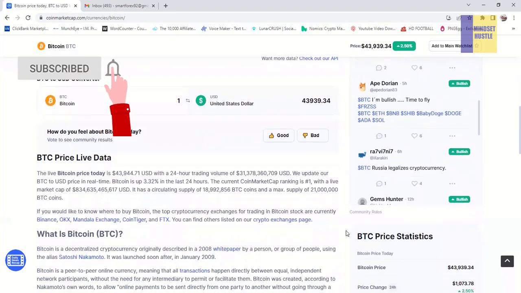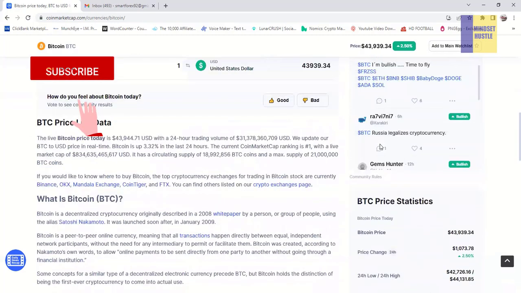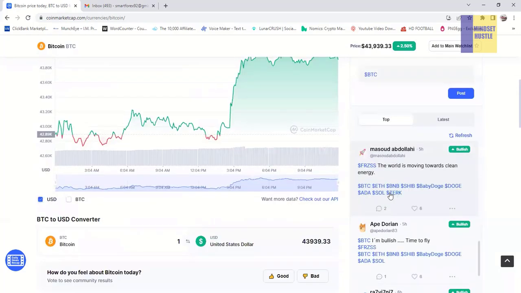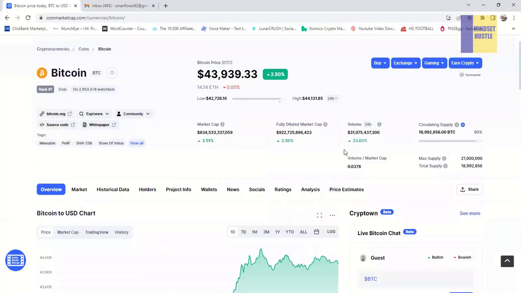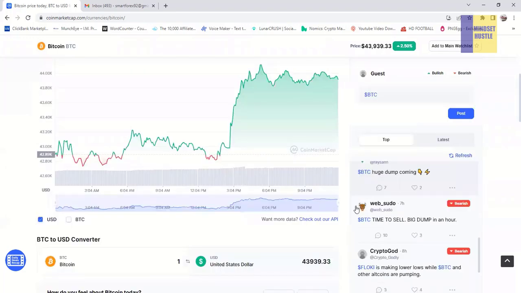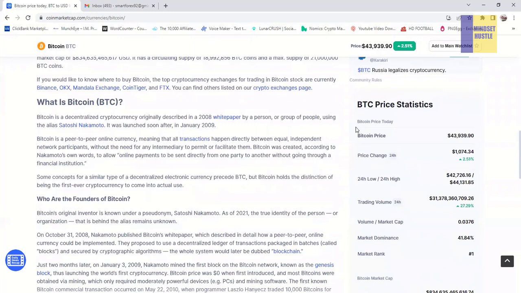Now, when we come down here where they say BTC Price Statistics, that is what I want us to look at. You can either scroll down and click on it, or you can just come to the historic data area over there. But always come down here to this section, BTC Price Statistics. So here it gives you the Bitcoin price, the actual price, then the price change within the last 24 hours.